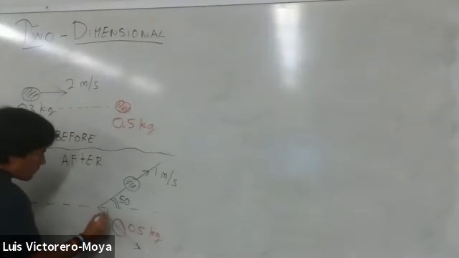What's the angle here? Let's put angle theta. So in a two-dimensional collision, you also have conservation of momentum. The momentum before is equal to the momentum after the collision.